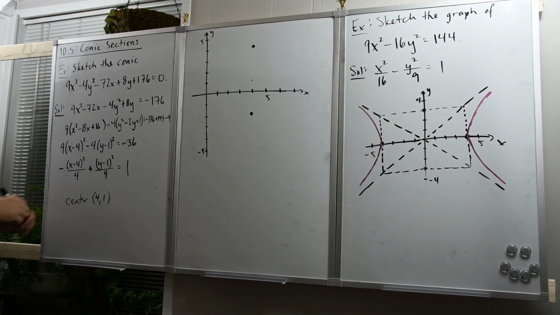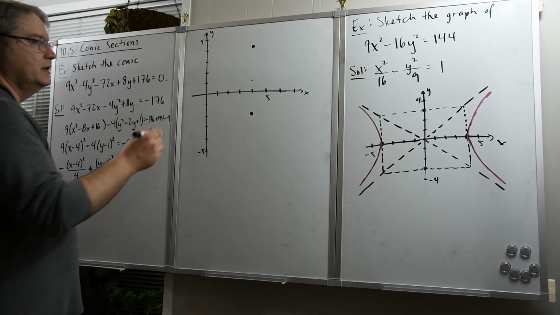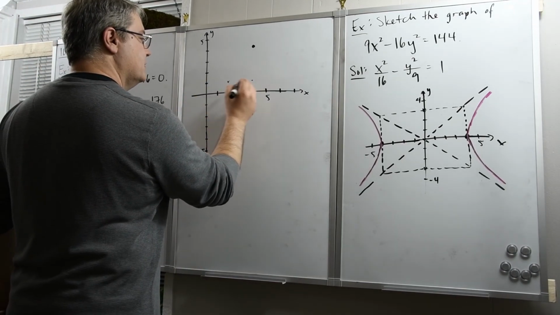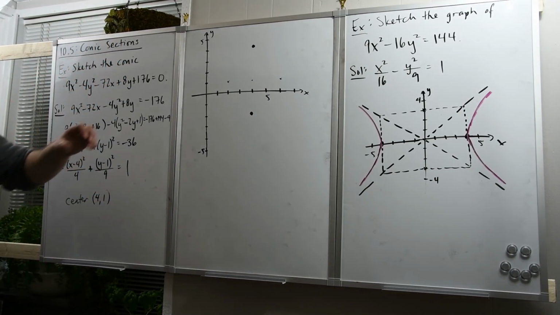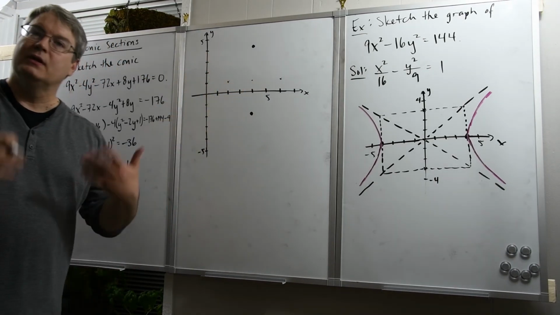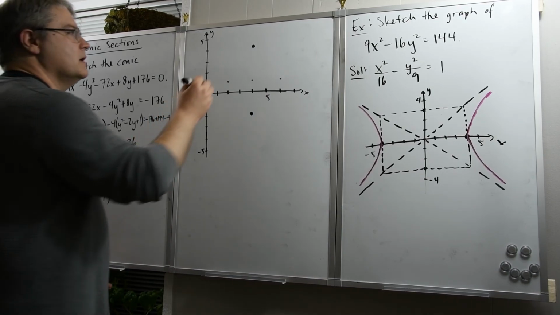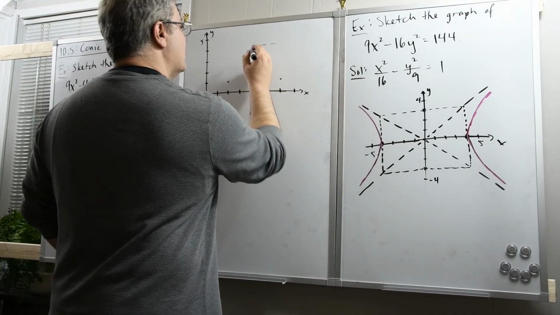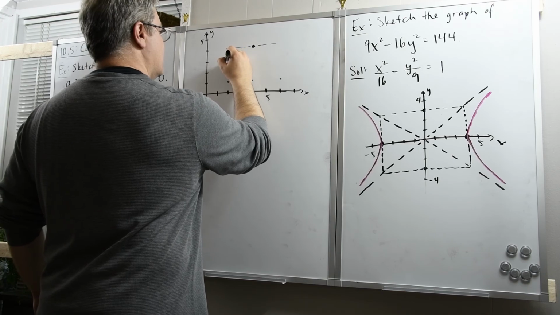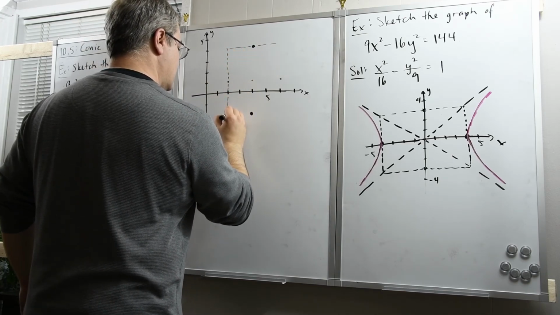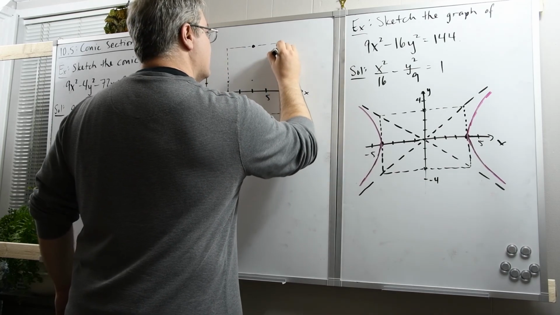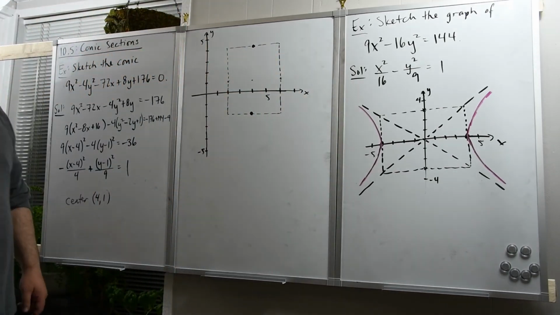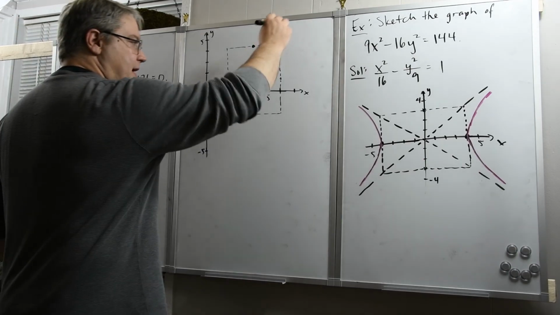Also, with the 4 associated with this x part, square root of 4 gives us 2. From the center, we'll move left 2 units, we'll move right 2 units, and once again, X marks the spot. We're going to use these 2 points and these 2 X's to draw our guiding rectangle. Now, we draw the extended diagonals.